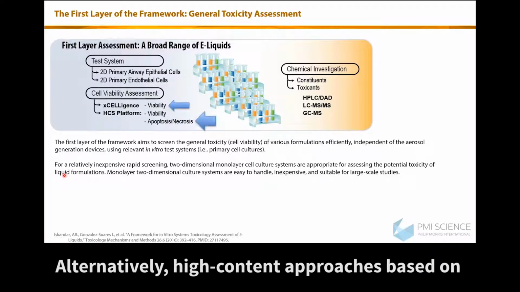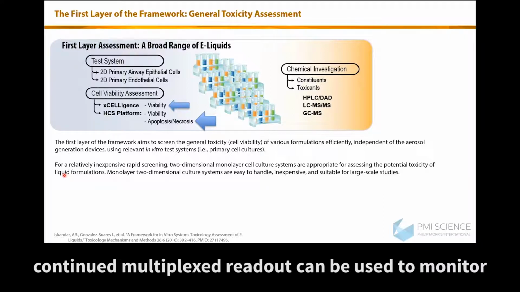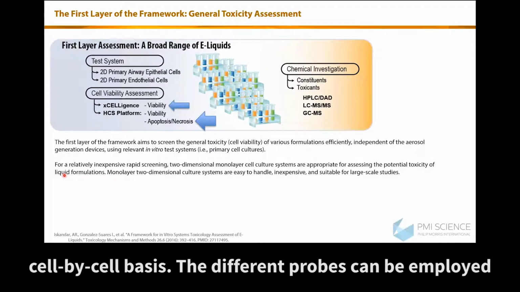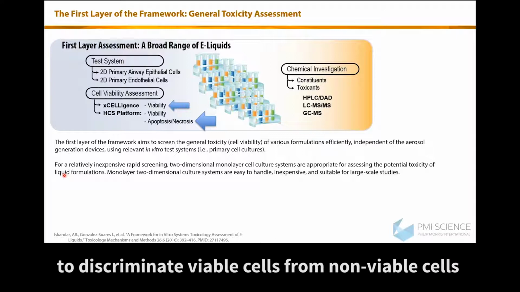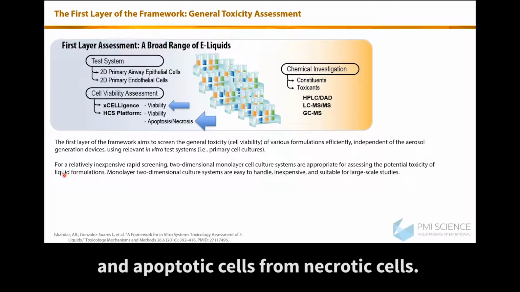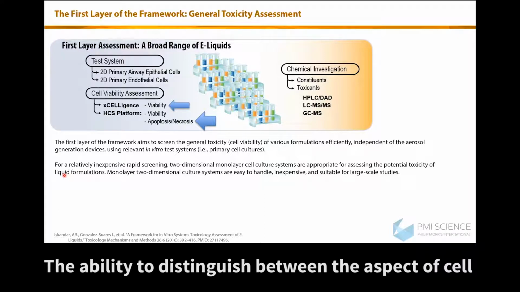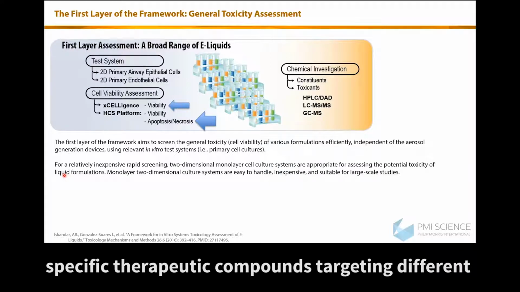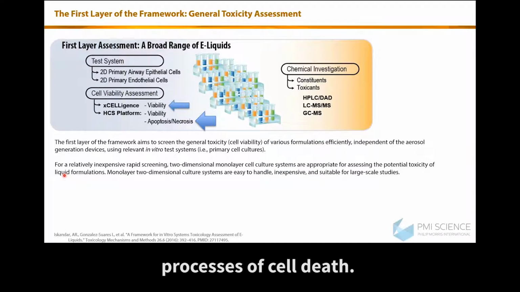Alternatively, high-content approaches based on continuous multiplex readouts can be used to monitor multiple markers of cell death simultaneously on a cell-by-cell basis. The different probes can be employed to discriminate viable cells from non-viable cells and apoptotic cells from necrotic cells. This ability to distinguish between the aspects of cell death is also clinically relevant, particularly in developing specific therapeutic compounds targeting different processes of cell death.